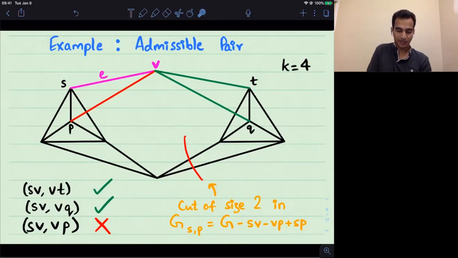And the same result holds if you split off SV and VQ. On the other hand, if you tried splitting off SV and VP, you can see that the residual graph has a 2-edge cut, which is shown here. Therefore, this pair of edges does not form an admissible pair.